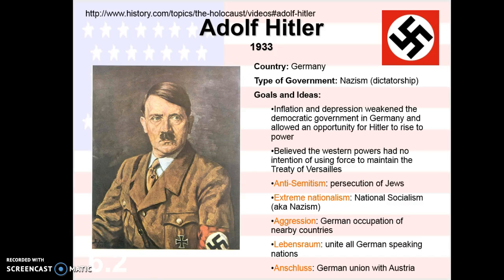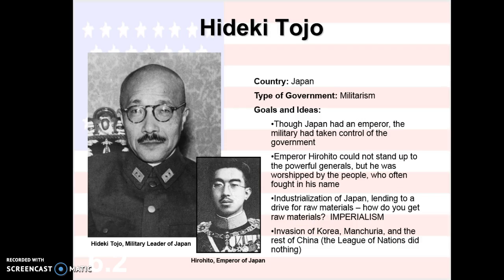Germany wants to relive the glory days and build itself back up from what happened in World War I. They also want to unite all German-speaking nations. Basically, if you speak German, Hitler wants control. This is a fascist-type government, and as it says in the goals and ideas, inflation and depression weakened the democratic government in Germany and allowed an opportunity for Hitler to rise to power.